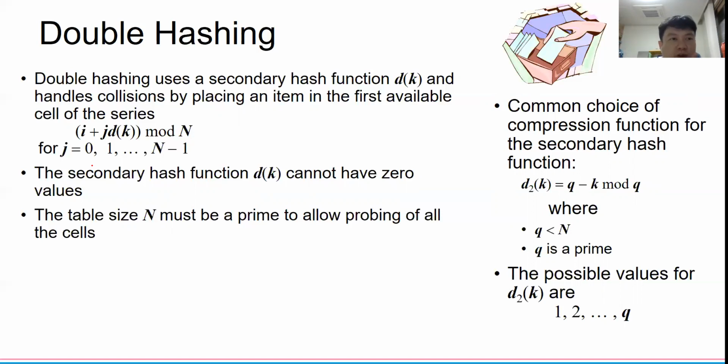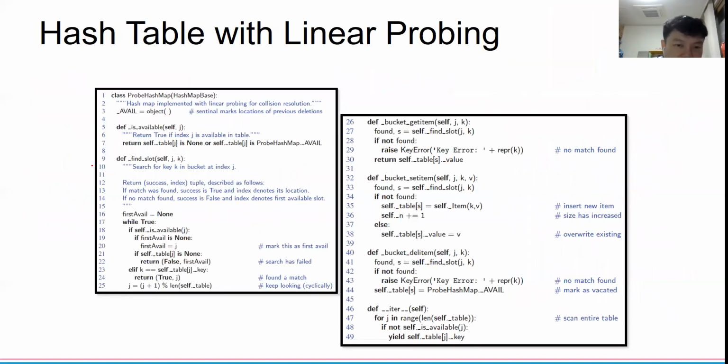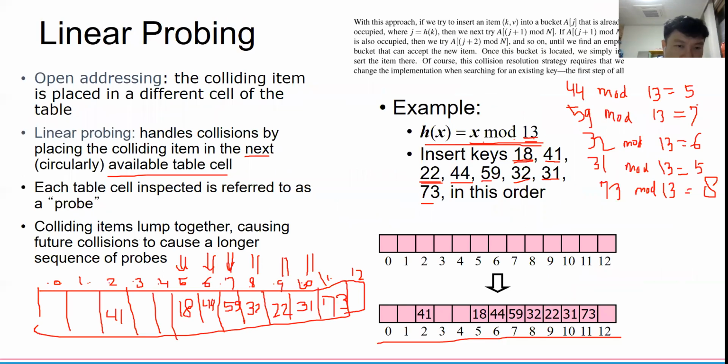If the item is full, and the problem is, for example, you want to put 5 in index 5, but 5 is already full, 6 already full, 7 already full, 8, 9, 10 already full, so we can put it on 11.